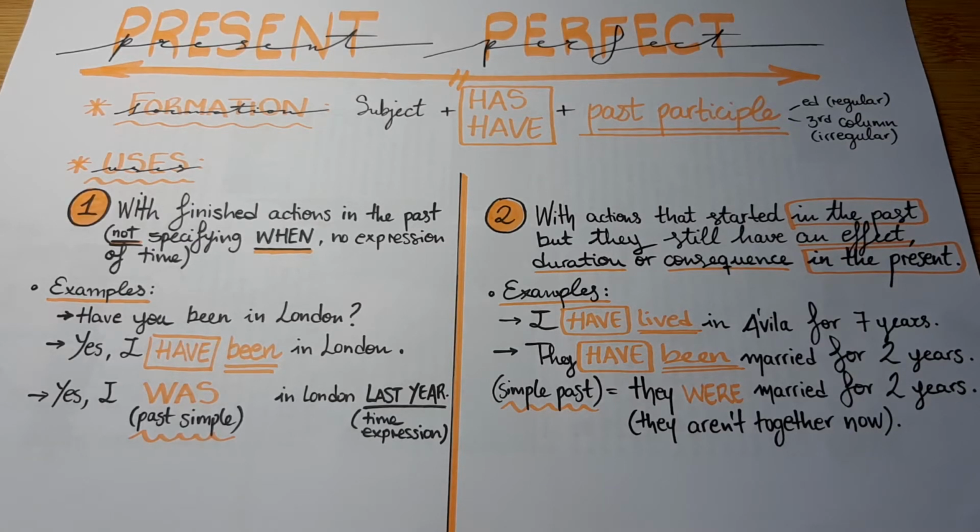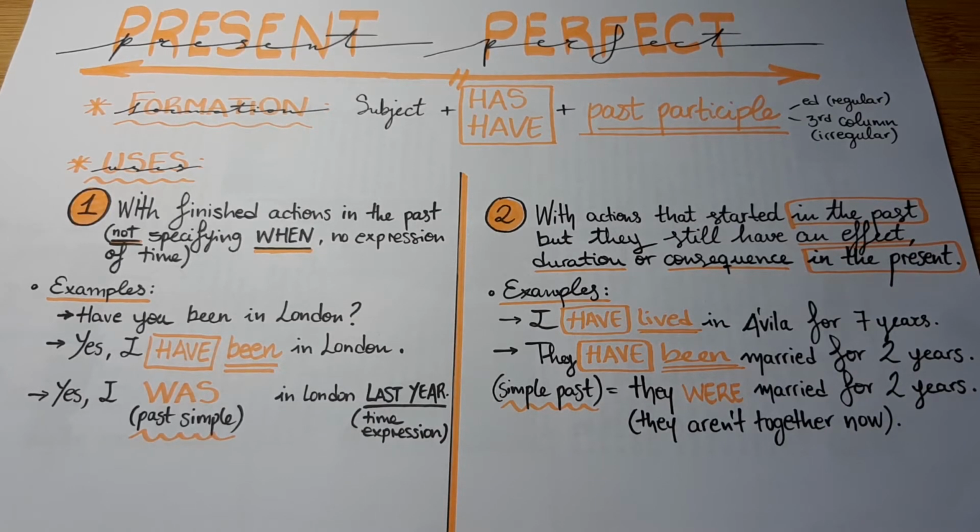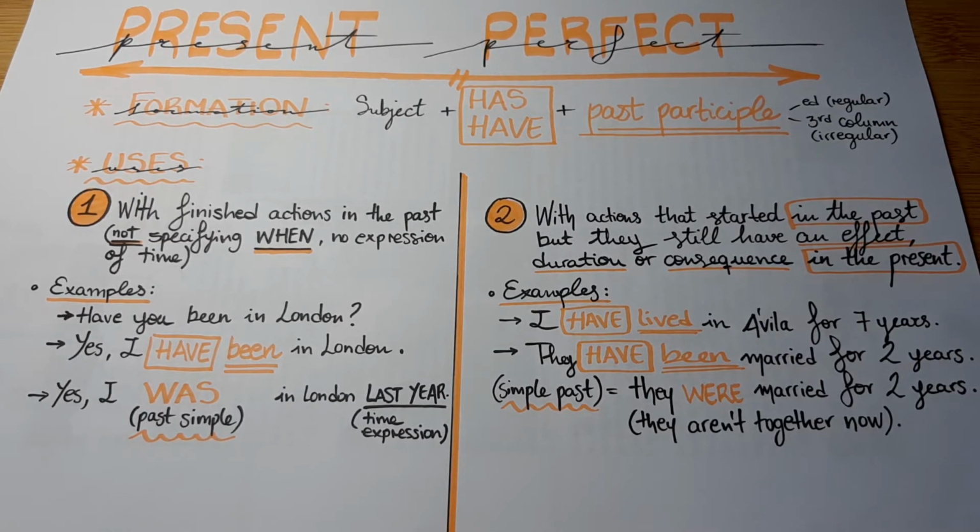Yes, I have been in London. Sí, he estado en Londres. ¿Has hecho alguna vez puenting? Sí, he hecho puenting. So it is like time or life experiences, okay? We express experiences that we have had in life. La expresión de experiencias vitales, cosas que hemos hecho.